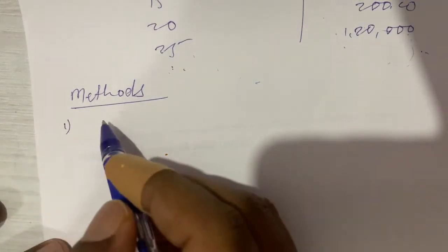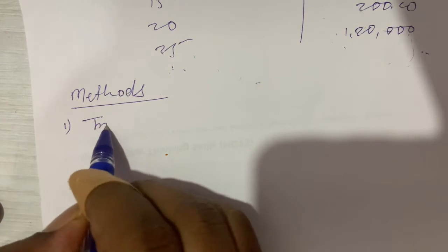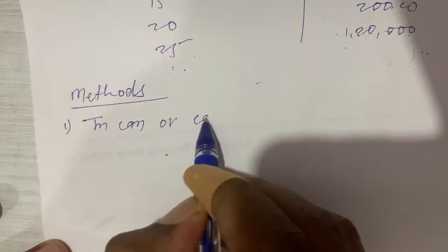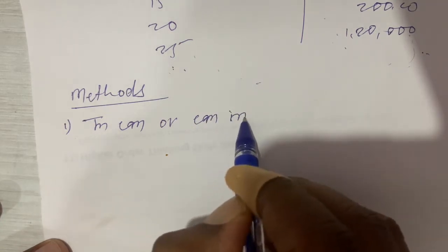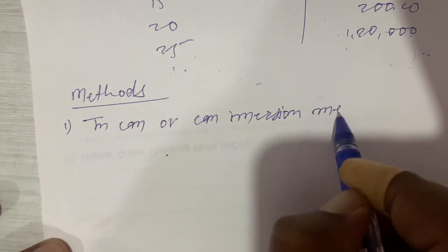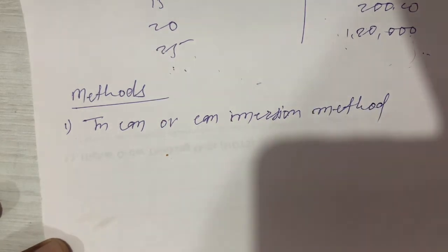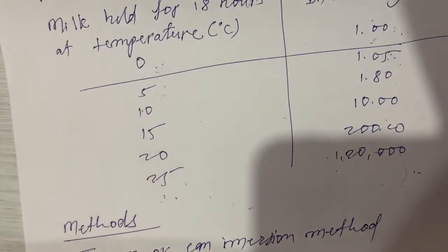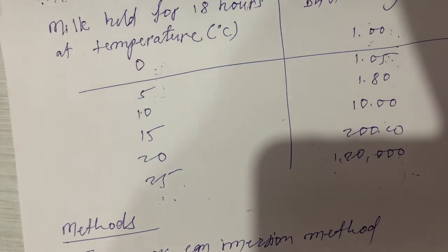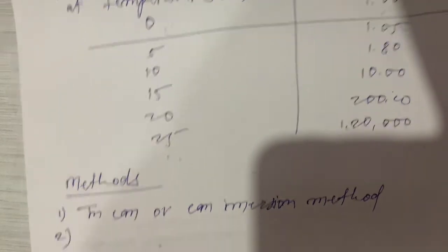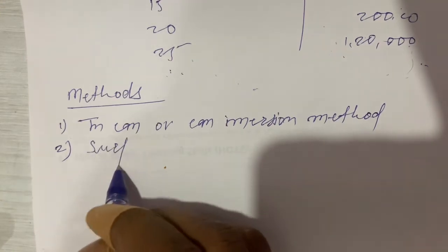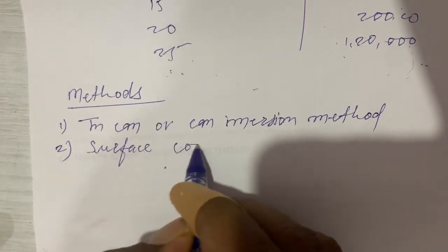Number one method is in can or can immersion method. Second one is surface cooler.